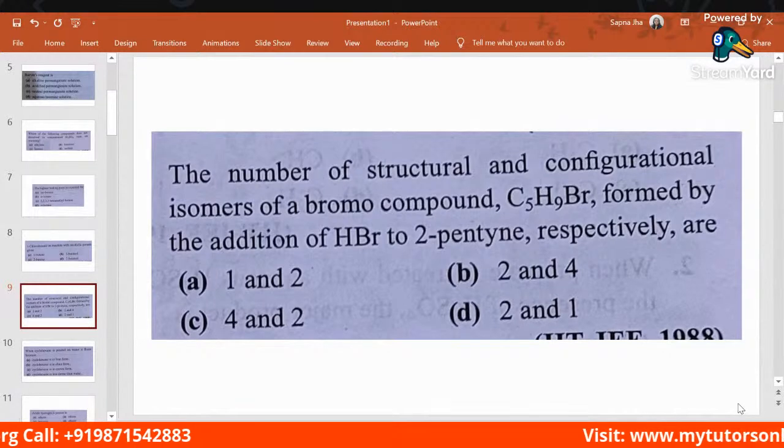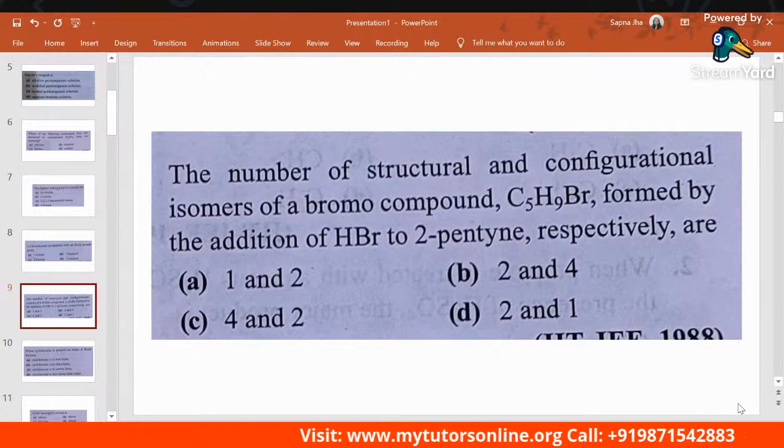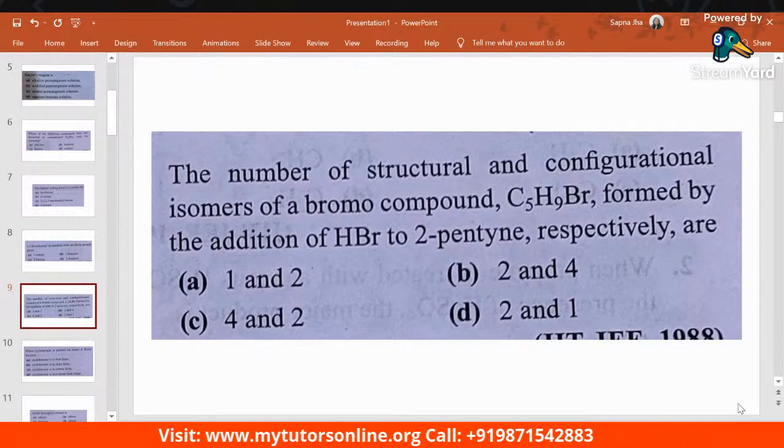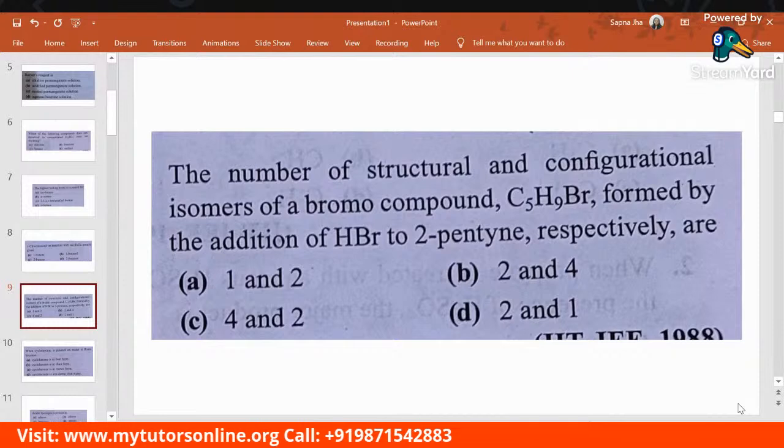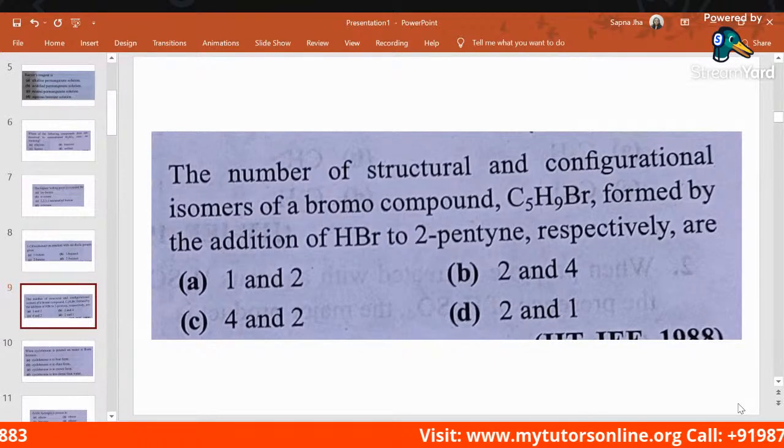The number of structural and configurational isomers of a bromo compound, that is C5H9Br, formed by the addition of HBr to pentyne respectively are. What are those things? You know.